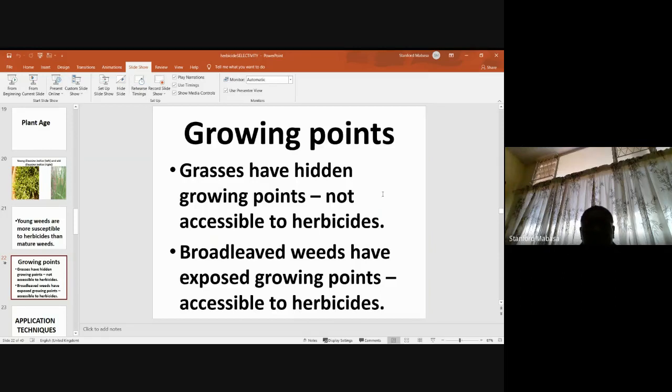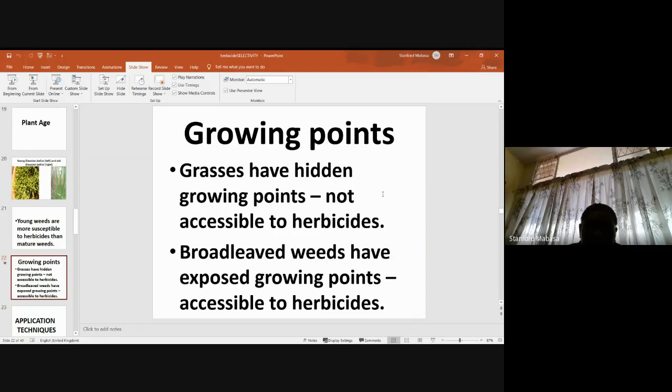Apart from plant age determining selectivity, we have what are known as the growing points. The growing points are the areas with the meristematic cells, which cause a plant to grow.